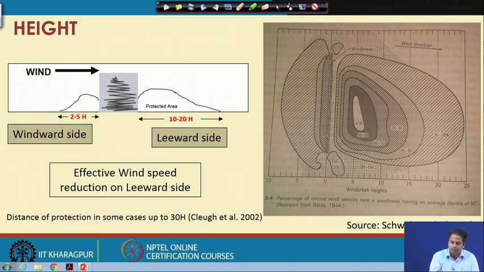Over this area, if the length is not sufficient, the wind speeds are very high. If your length is very short, then this erosive wind can cause more damage to your field. So the length should be at least 10 times the height of the windbreak.